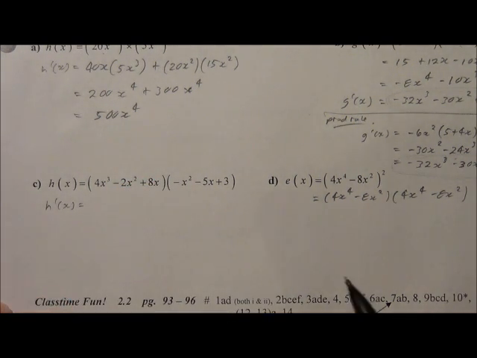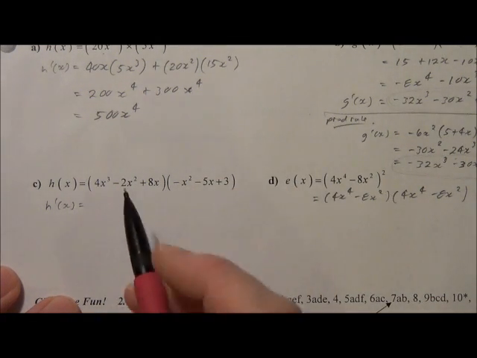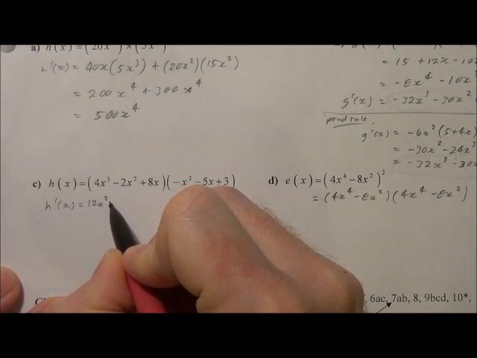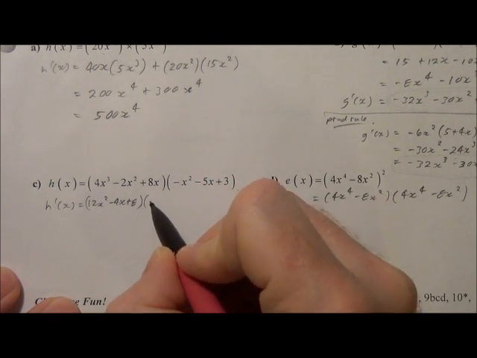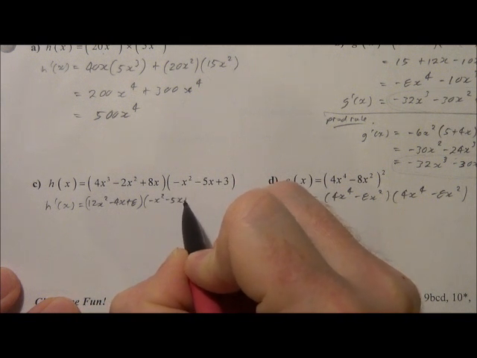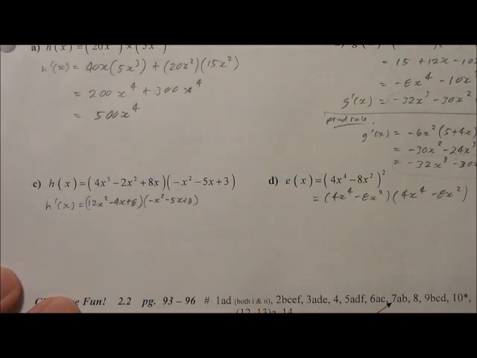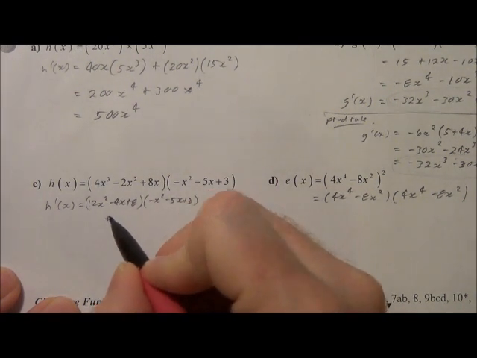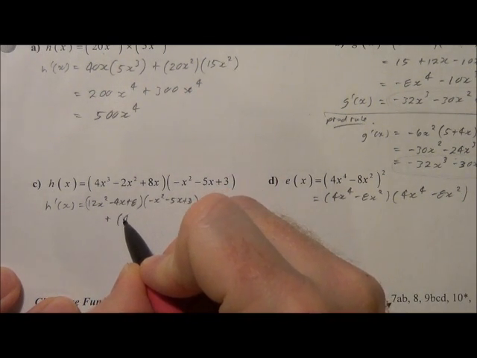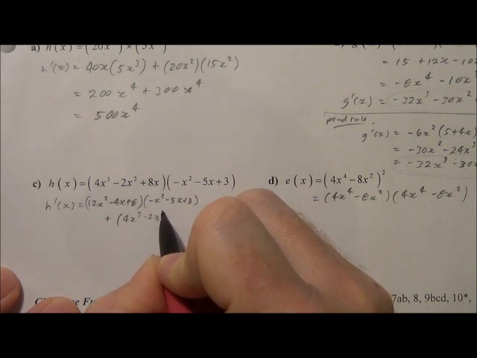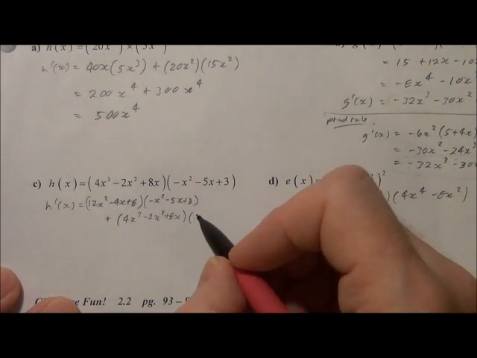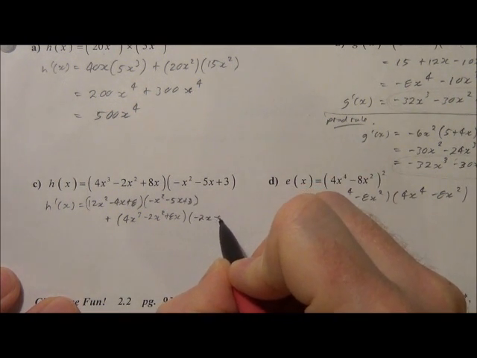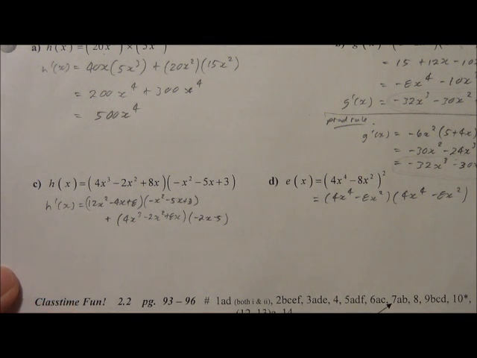I think I'm going to have to write very small here. So the derivative of the first times the second plus the first times the derivative of the second, and now we have to expand everything out and simplify this down.